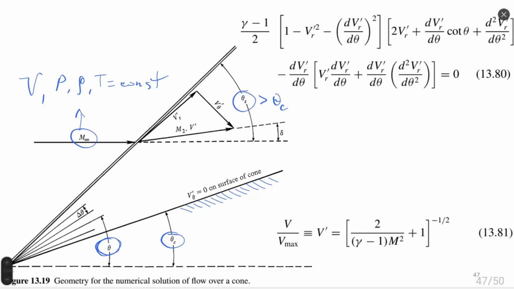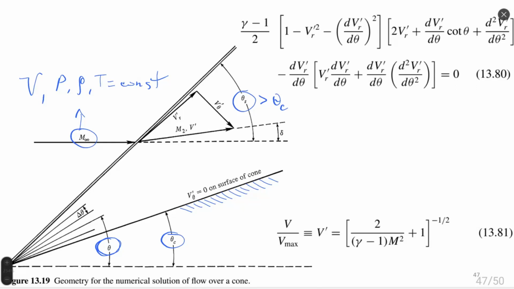This iterative process Anderson explains in the book, and let me see if it's here. It consists of 5 steps.